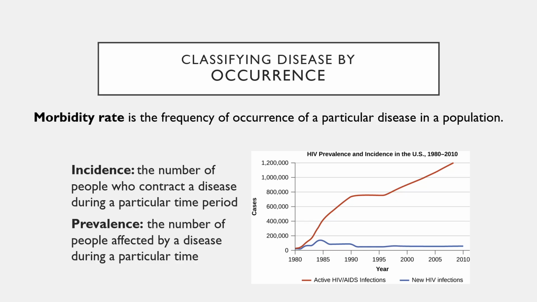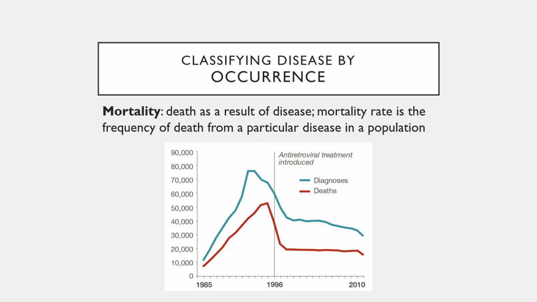Another quantity that epidemiologists are concerned with regard to occurrence of a disease is the mortality rate. Mortality is death as a result of a disease, and so the mortality rate is the frequency of death from a particular disease in a population.